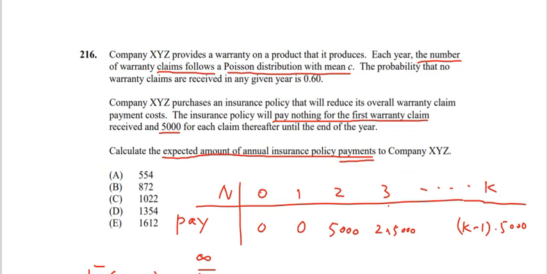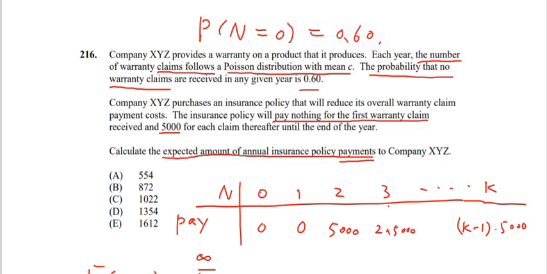The probability of no claim, N equals 0, is 0.60. N equals 0 is e to the negative C, lambda to the 0 over 0 factorial, so this equals 0.60.